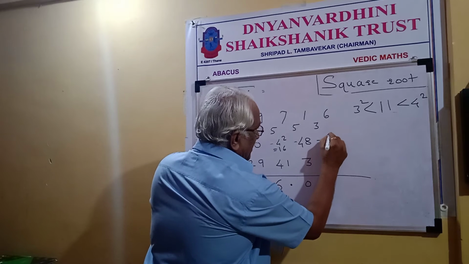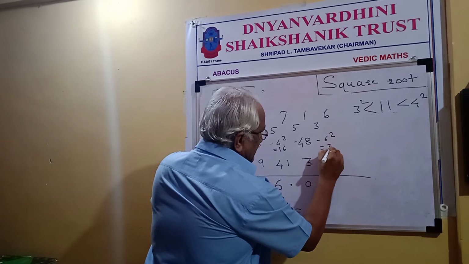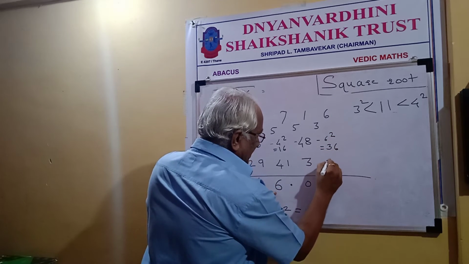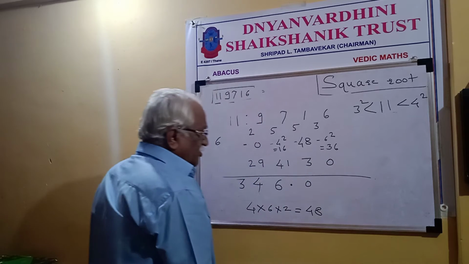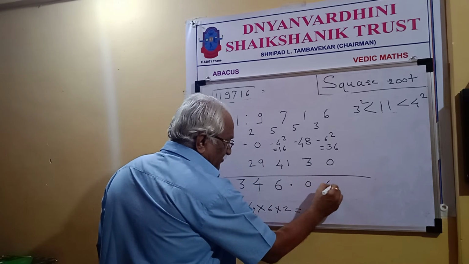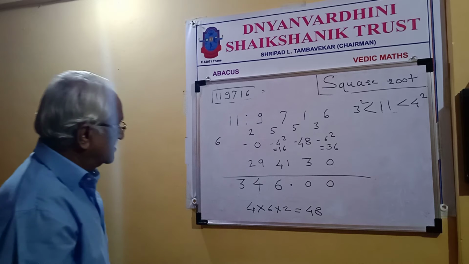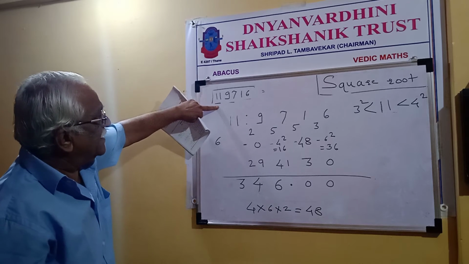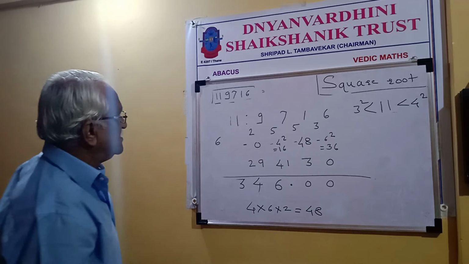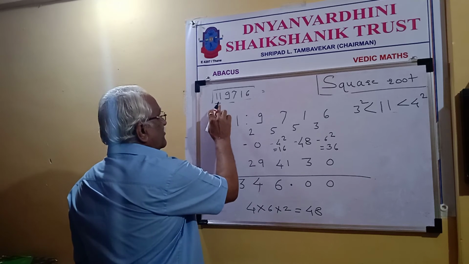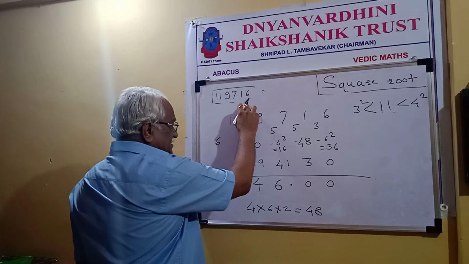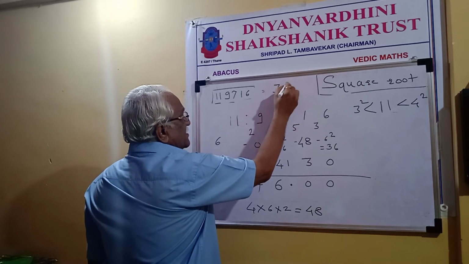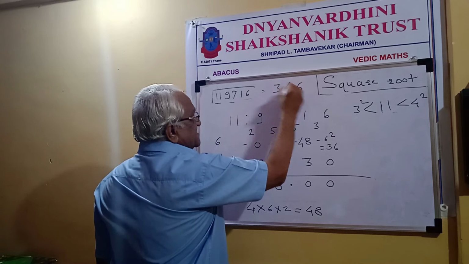So 6 square, that is 36. So the net dividend comes to be 0. So our answer, the square root of 1,19,716, is 346.